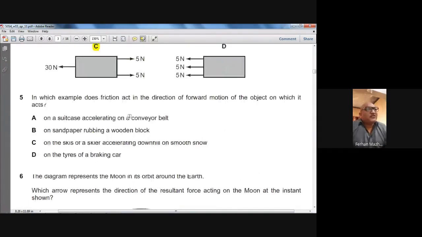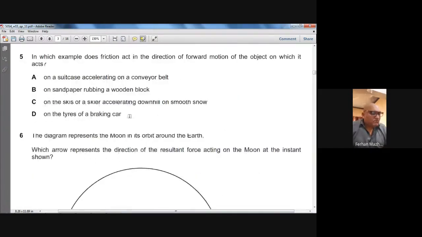In which example does friction act in the direction of the forward motion of the object on which it acts? On a suitcase accelerating on a conveyor belt, on sandpaper rubbing a wooden block, on the skis of a skier accelerating downhill on smooth surface, on the tires of a braking car.